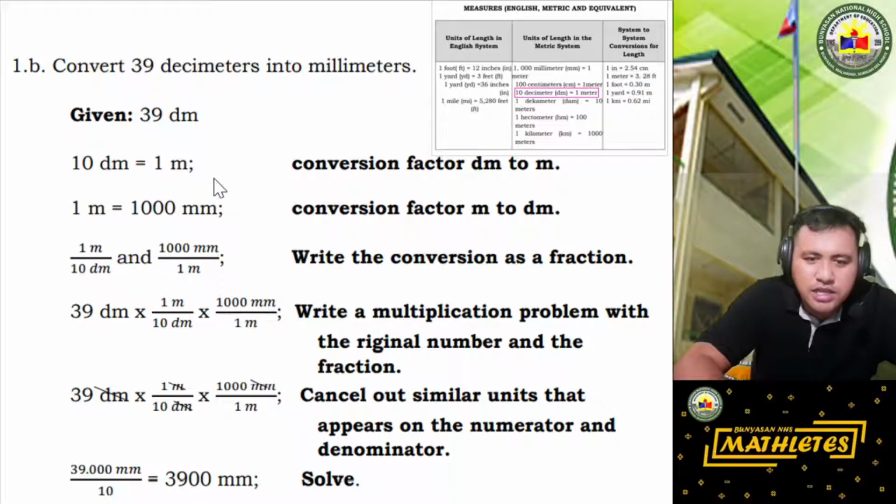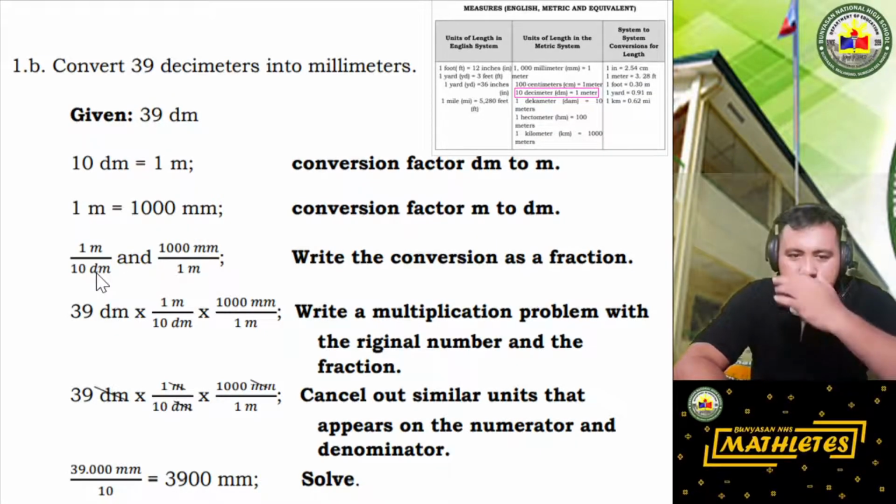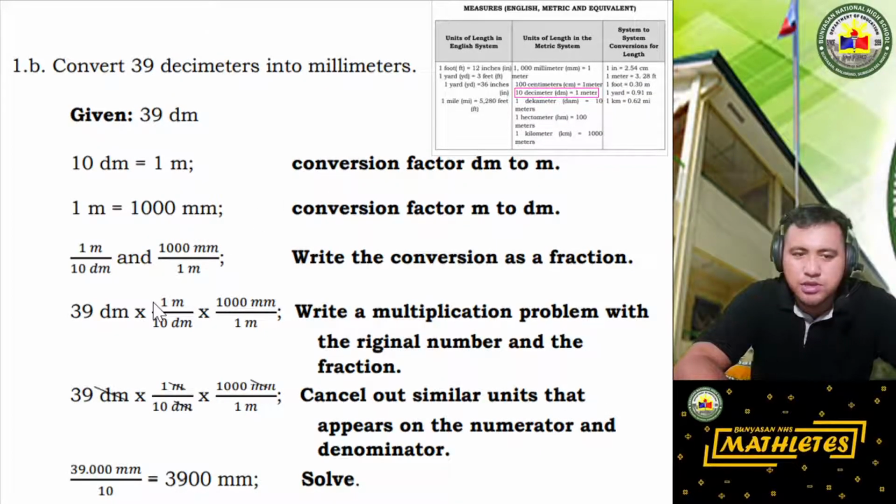Okay, write the conversion as a fraction. Kasi the original number uses decimeter as its unit. So kailangan itong conversion factor na gumagamit ng dm, kailangan si dm nasa baba. So we'll make the decimeter the denominator para makancel natin.